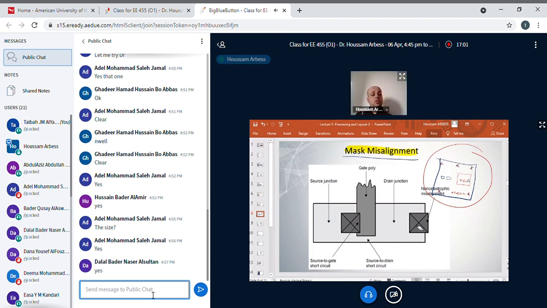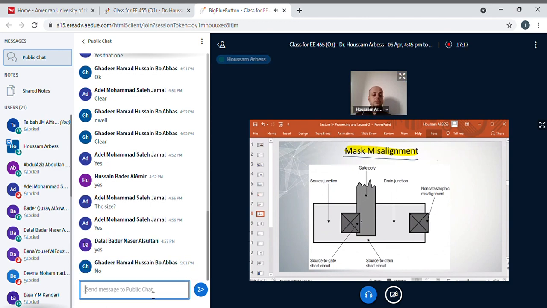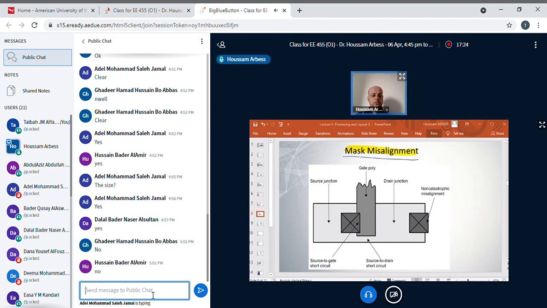Okay, what is the problem because of this mask misalignment? Can you tell me in this case, can you see that the MOSFET here can work correctly? Yes or no? No. Why no?